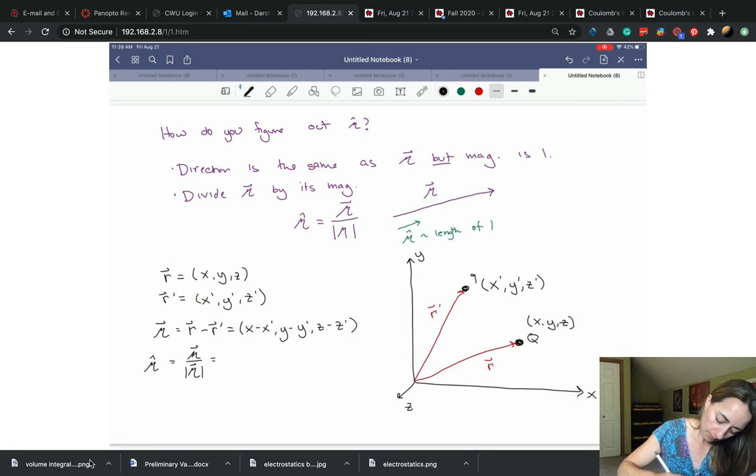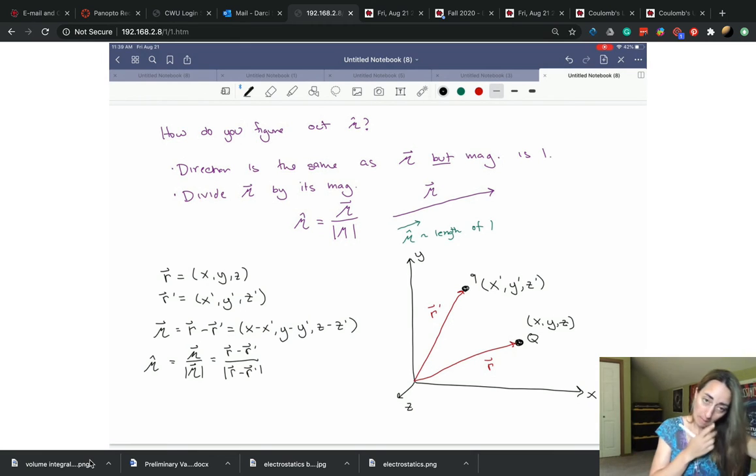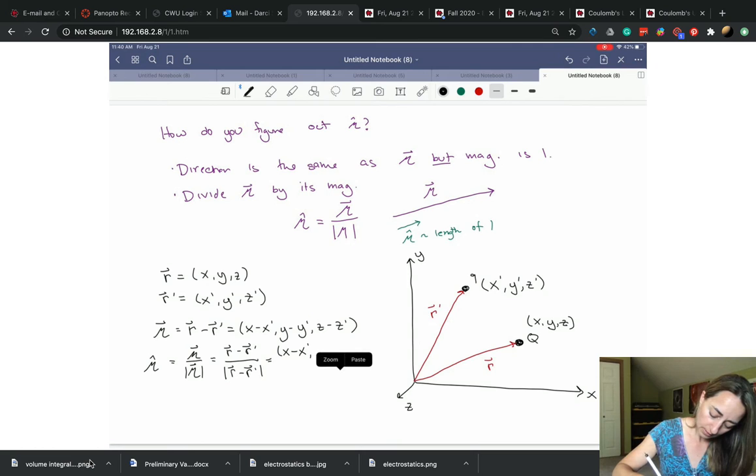To be super explicit, that's the subtraction of those two position vectors over the magnitude of the result of that subtraction. Math-wise, again, not too bad. We're still getting a vector out of it. This top part, because it has three components, gives me the vector's direction in our three-dimensional coordinate system.